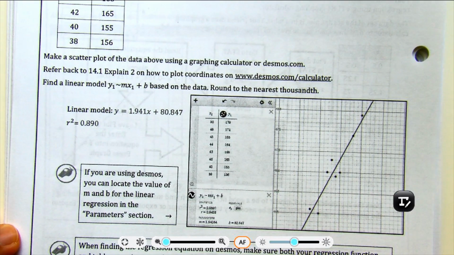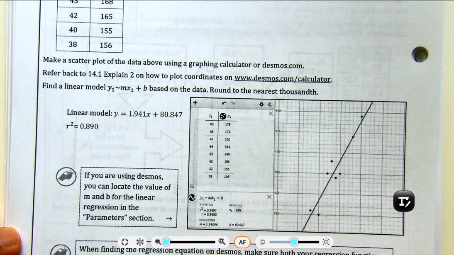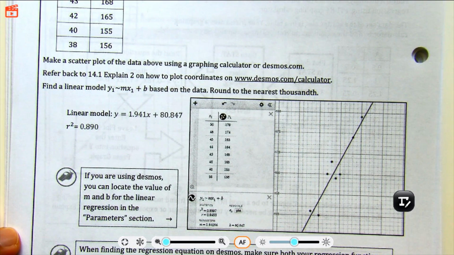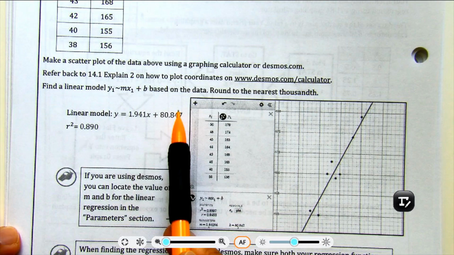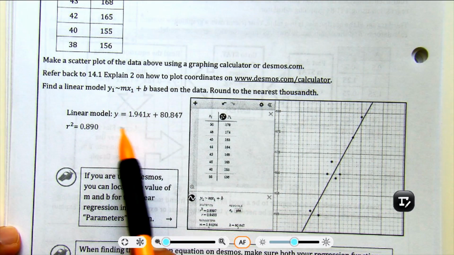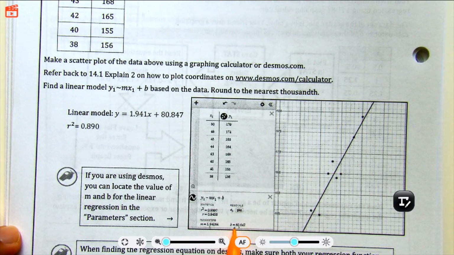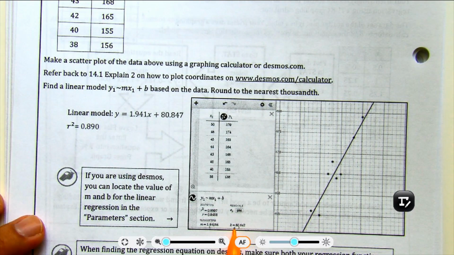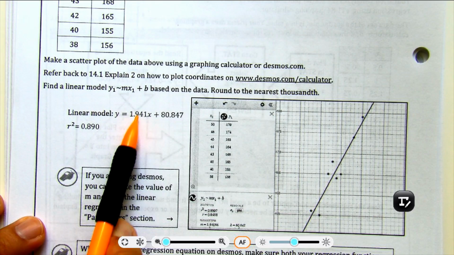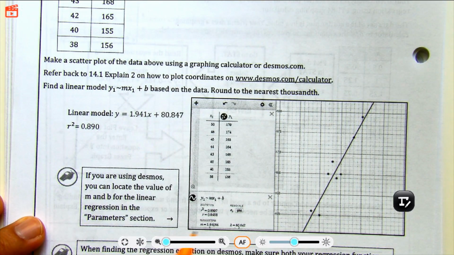And with the linear model, they actually tell you what m is, what the slope is, and what the y-intercept is. And then you could use that to create your own model, your own equation. And that's the goal for this. Using the parameters that are given in Desmos, you're going to write your linear model as an equation. And in this problem, that's what we want to do here.